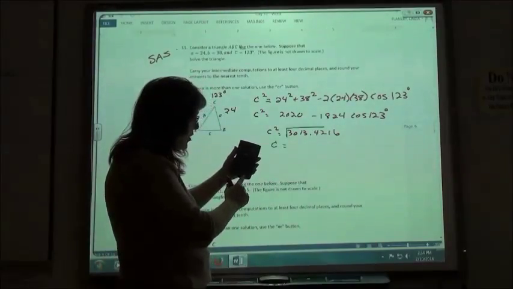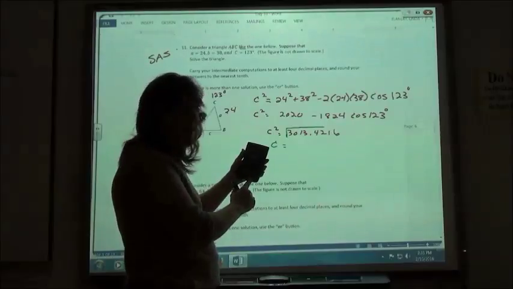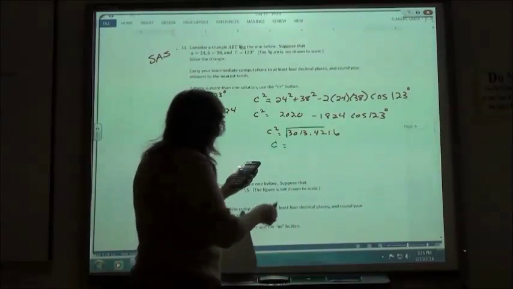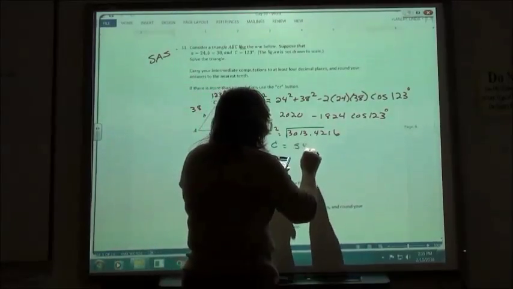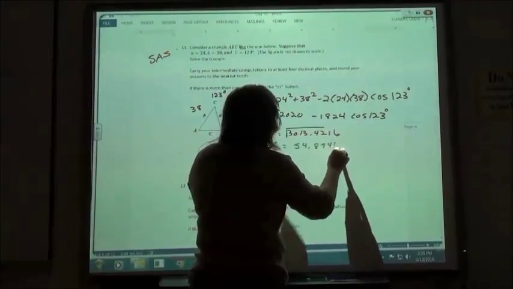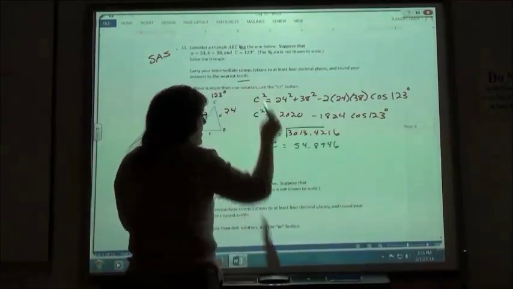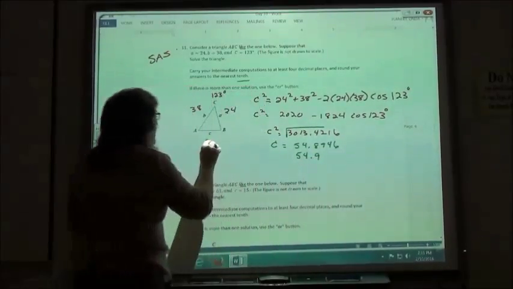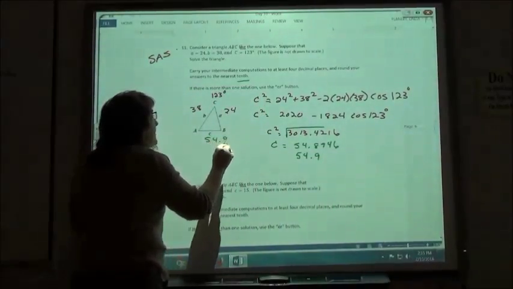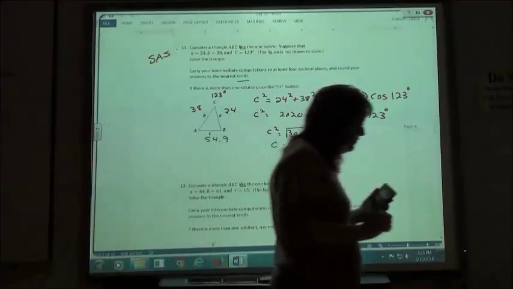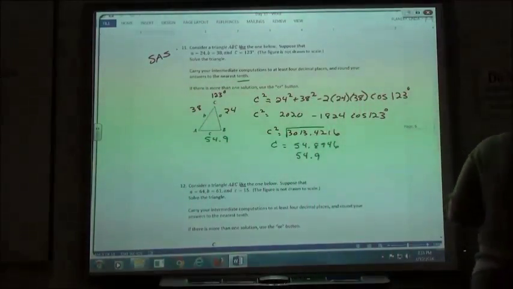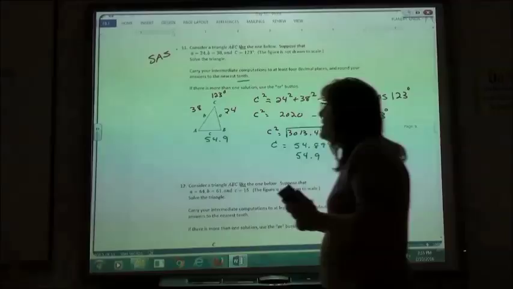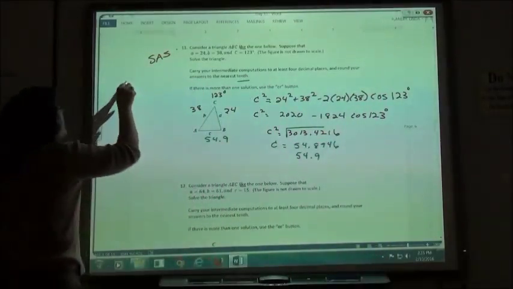Answer is right next to the equal. So square root ANS for answer. And I would get 54.8946. I'm rounding to the nearest tenth, so I would say 54.9. So side C we got was 54.9.